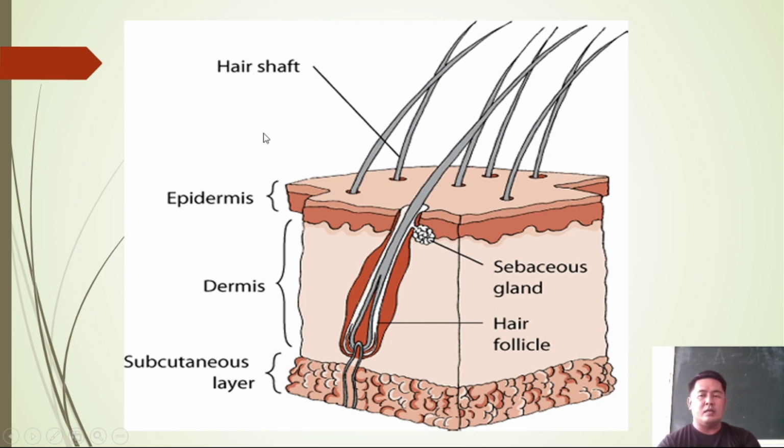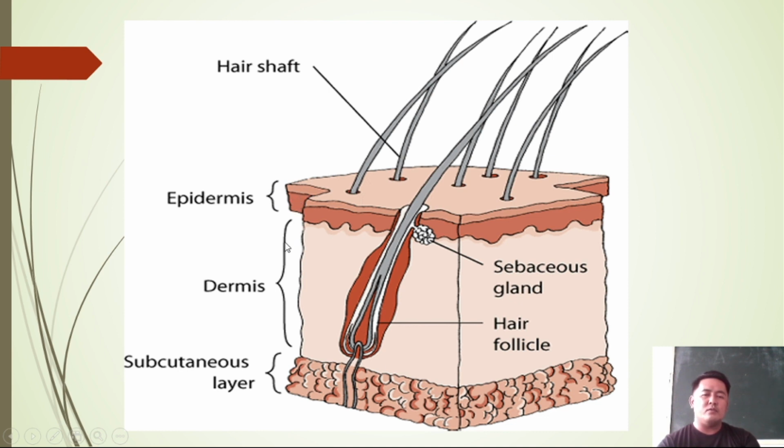Here is an illustration of the integumentary system. So what we have here, if you can see this one, my pointer. Okay, this is a hair. The middle part is called the hair shaft. What we discussed earlier, the epidermis, is the outer layer that we see.